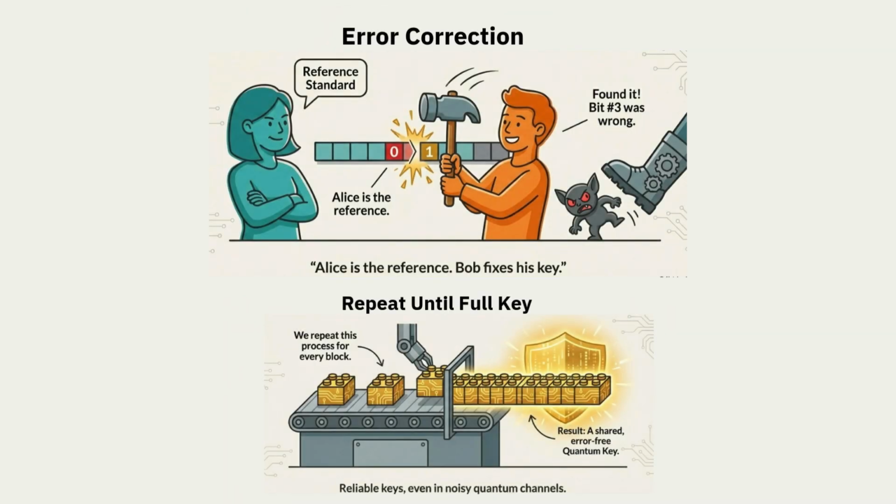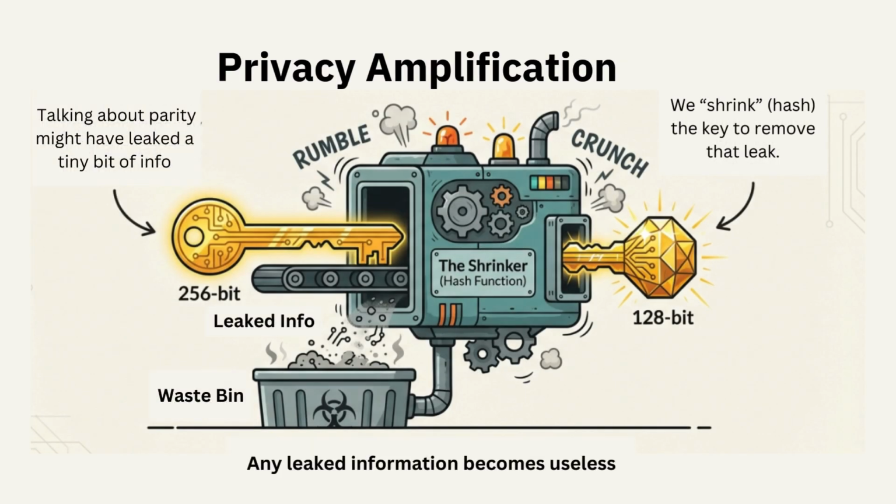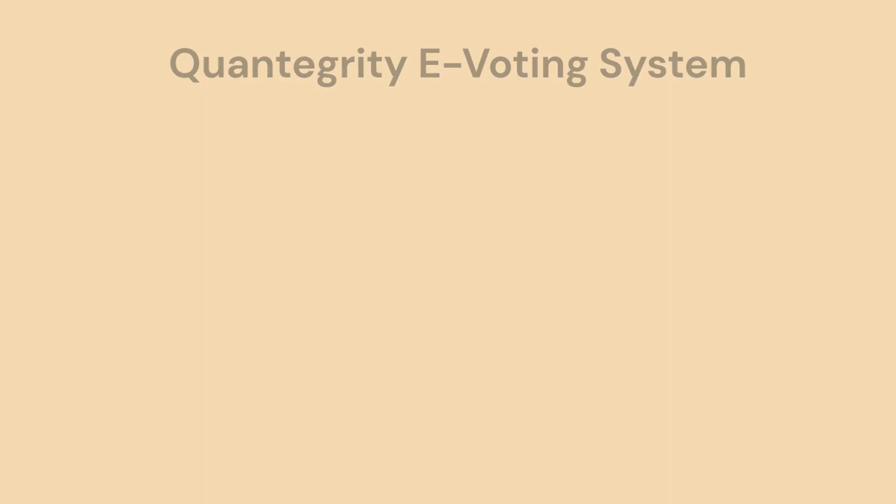Once we have found the error, Bob can flip his bit to correct it, but Eve doesn't know what Bob has had in that bit. Once we have done this process to all the segments, we have a complete key. While our method is superior, there's still some information leakage. As a safeguard, we use a hash function to shrink our key, making any information an Eve may have useless.